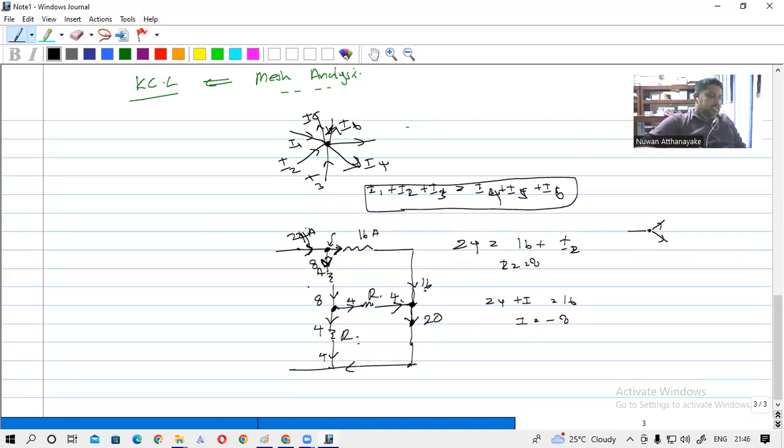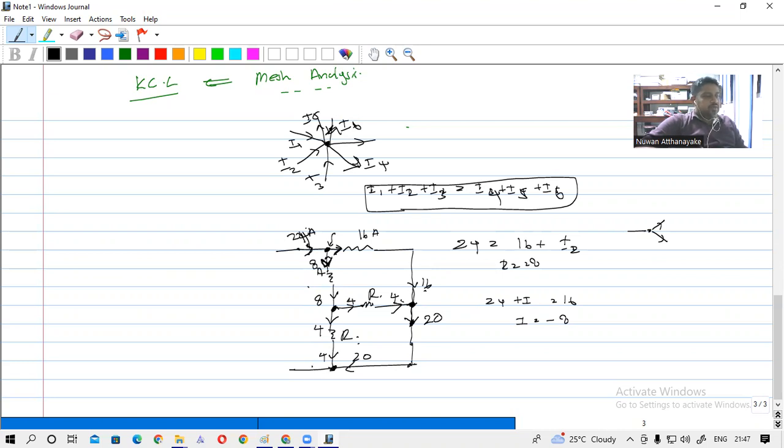And if you consider this one, you can see that 4 is coming in here, and 20 ampere is here. Both currents are coming towards the point, and it should be equal to the outgoing algebraic sum of the currents.